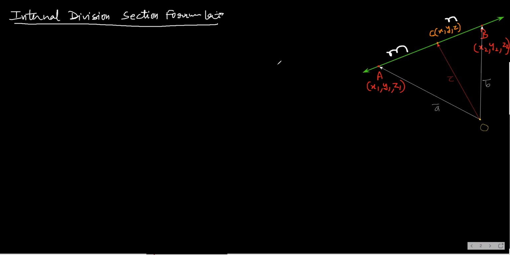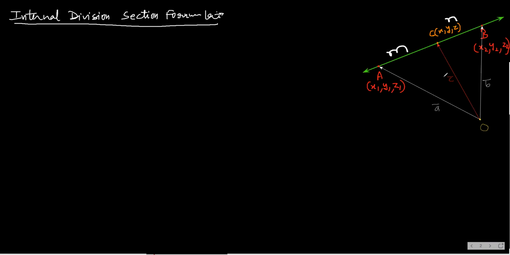Now try understanding this. The idea in vectors is extended. In the 2D system, when you did the internal division section formula, everything was for finding the coordinates of the point of division.